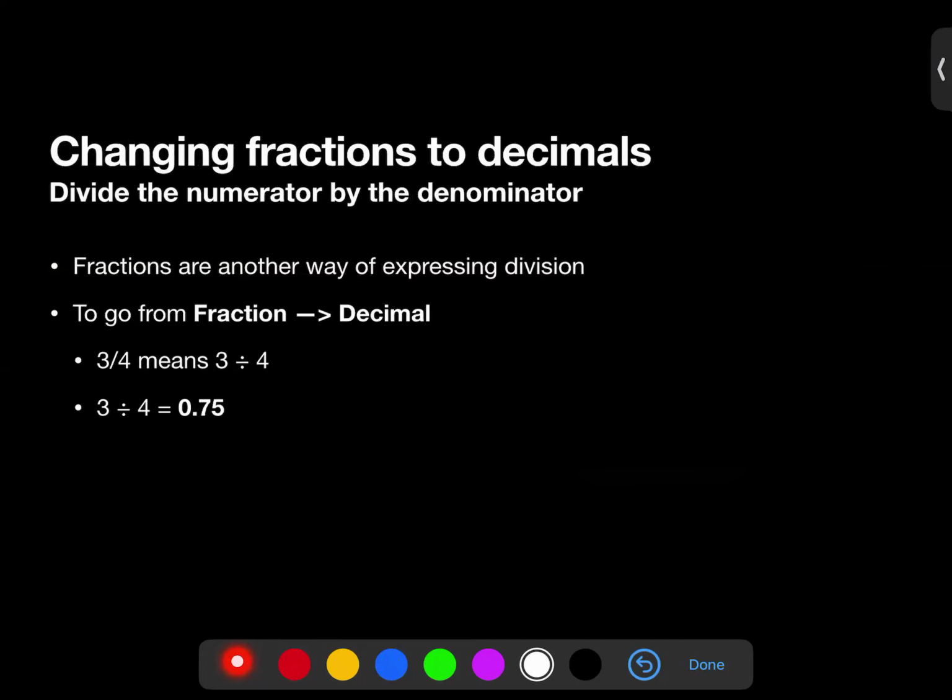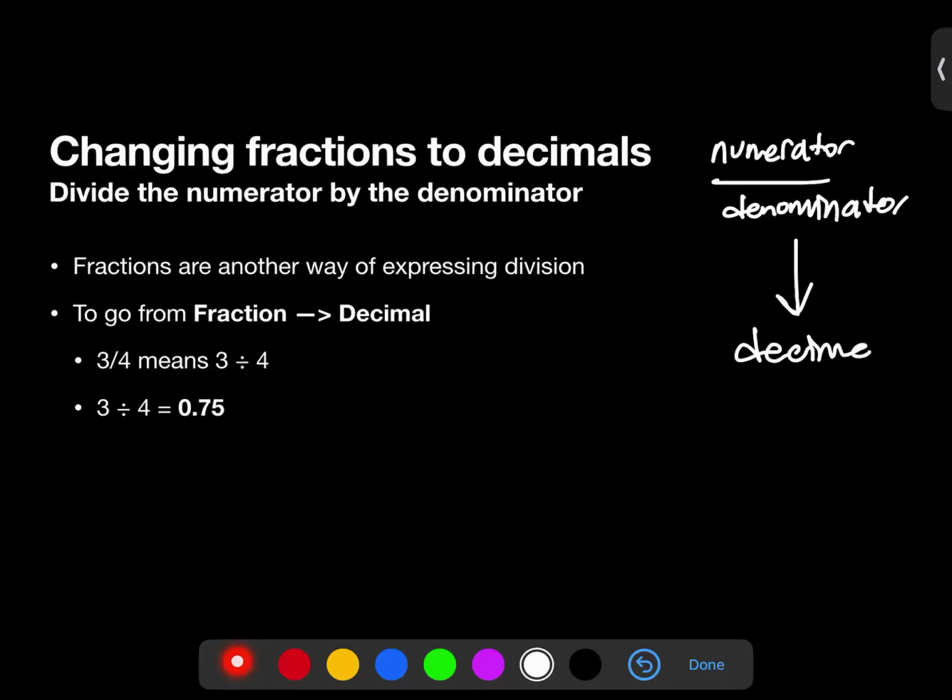So now this is the important part. How can we go from a fraction, remember a fraction is numerator over denominator, and turn it into a decimal?